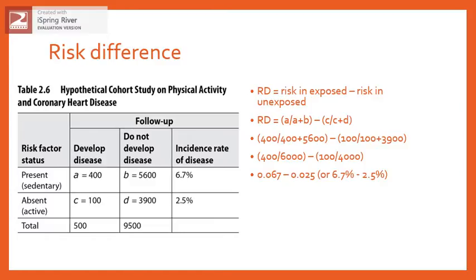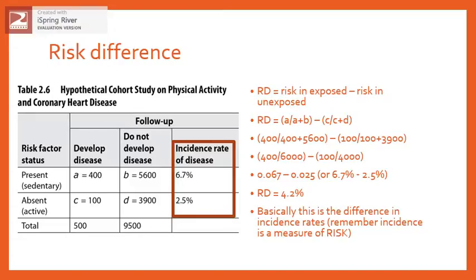And that comes out to 0.067 minus 0.025, or 6.7% minus 2.5%, which of course is the difference in the incidence rates. So 6.7 minus 2.5 is a risk difference of 4.2%. So what this means is that those who are active lower their risk of coronary heart disease by 4.2%.